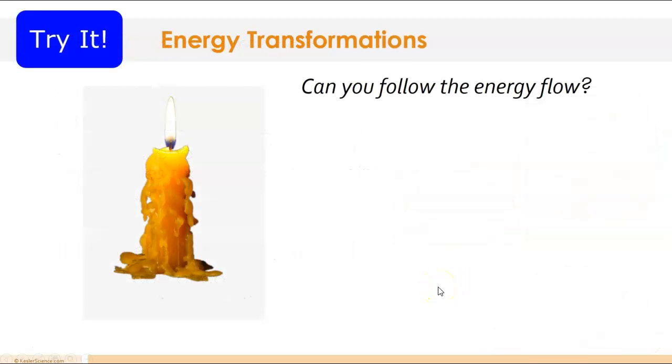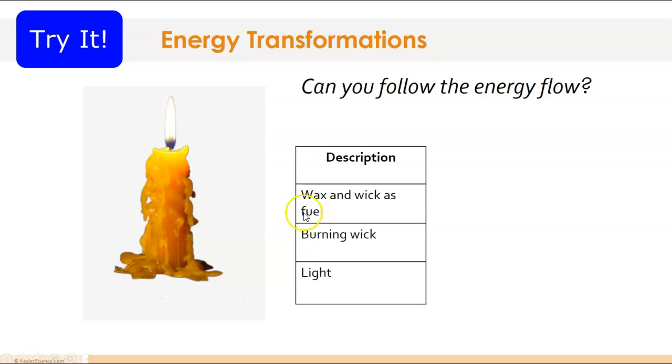At this point, when we have these try it slides, this is where you'll want to pause. I'm going to show you some energy descriptions, and I want you to see if you can fill in the flow of the energy, the form of energy. If we look at this candle, we start with the wax and the wick as fuel. What form of energy would that be? I'll give you a clue. It's one of the types of potential energy.